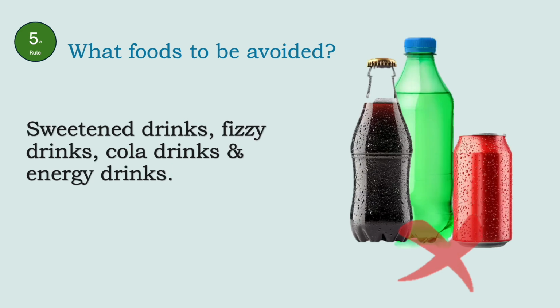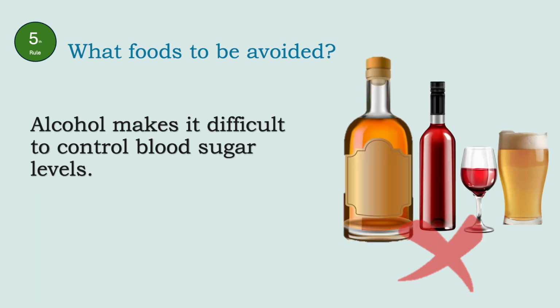Sweetened drinks, fizzy drinks, cola drinks, and energy drinks should be avoided, as they can cause a sudden increase in blood glucose levels. Excess energy intake could also lead to overweight and obesity. Alcohol makes it difficult to control blood sugar levels, worsens the complications of diabetes, and causes many other adverse health effects in diabetics, hence be avoided.